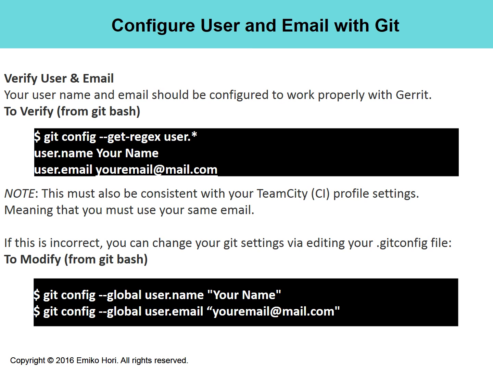And if it's not in sync for both servers, in the Gerrit server you may want to configure it so that the user and email information is the same as the CI tool. Otherwise, the integration between these two servers will not be successful because this user information is what the Gerrit server is reading from.